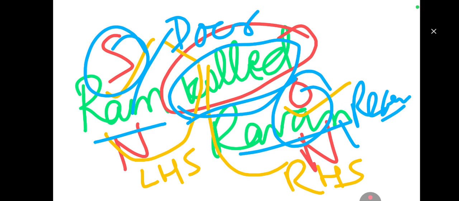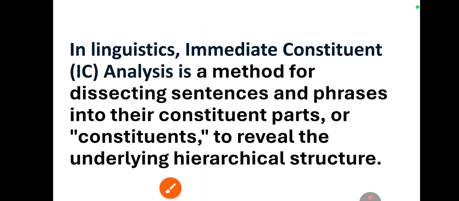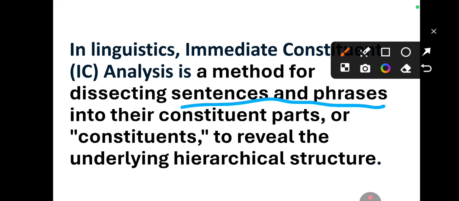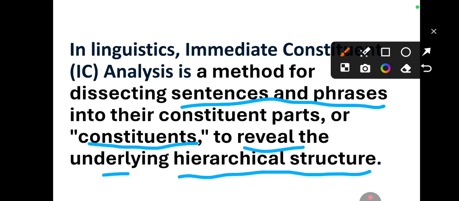The same in linguistics, we do analysis of a sentence or phrase, right? After dissection, we reach the constituents to reveal the underlying hierarchical structure. What is the hierarchy we follow, and how a sentence is framed.